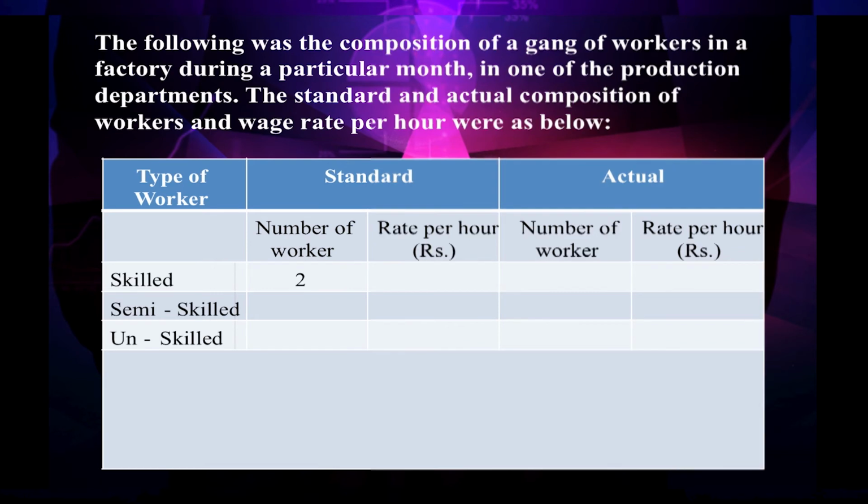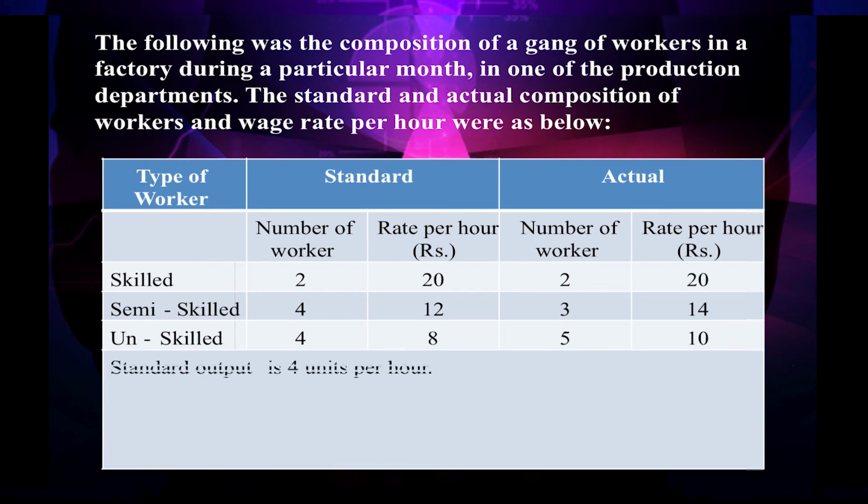The number of workers are 2, 4, 4, and the standard rate for skilled is 20 per hour, semi-skilled 12 per hour, unskilled 8 per hour. In actual, 2 workers of skilled, 3 workers of semi-skilled and 5 workers of unskilled were employed, having the actual rate of rupees 20 per hour, rupees 14 per hour and rupees 10 per hour respectively.